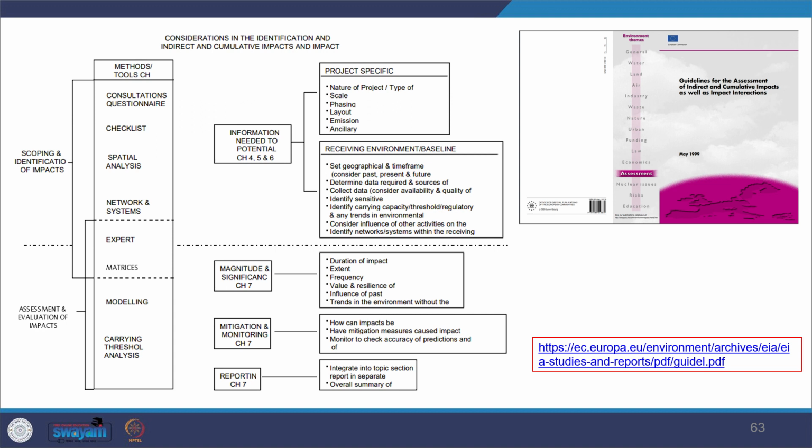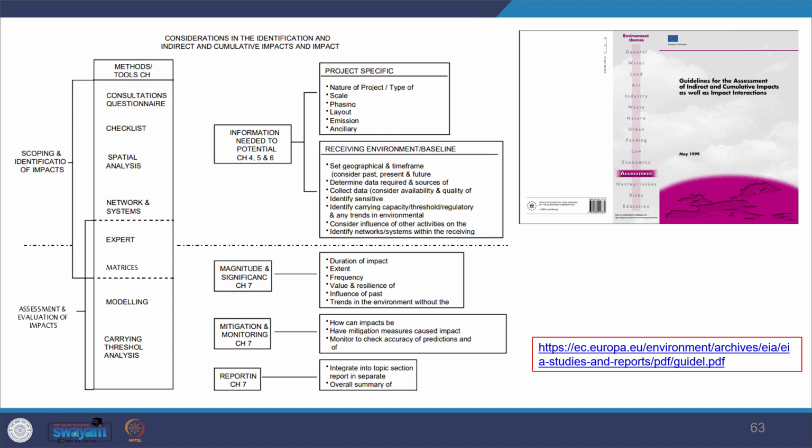And then for this, the information you need is duration of impact, extent, frequency, value and resilience, influence of the past, trends in the environment, how the impact can be handled, what kind of mitigations have to be taken, and how you're going to report it.